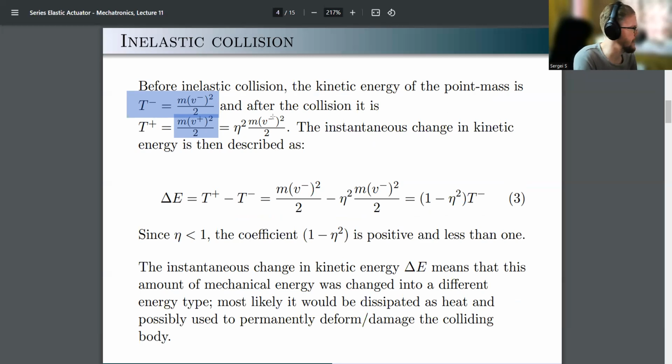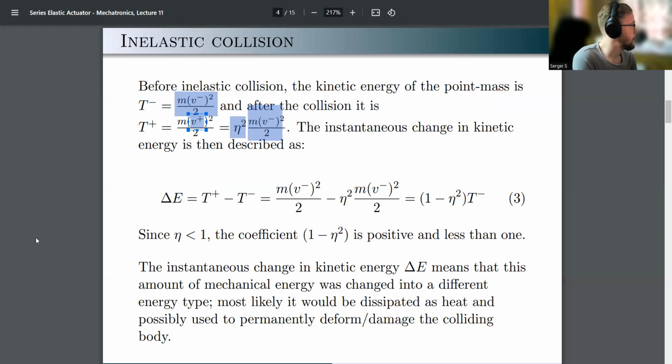This minus sign here is the indicator that it is the velocity before the collision. So what we have is eta squared times this value, which is just kinetic energy before the collision, right? And eta squared comes from opening the brackets on v plus, which is equal to eta v minus.